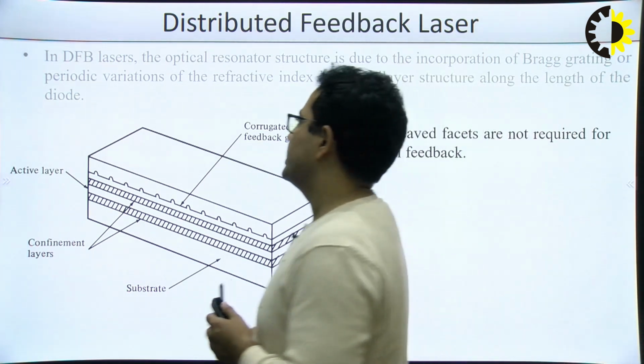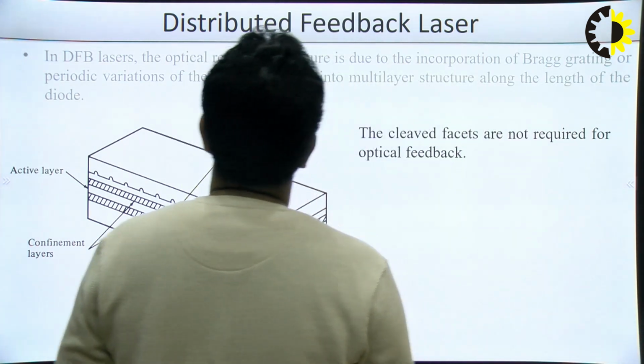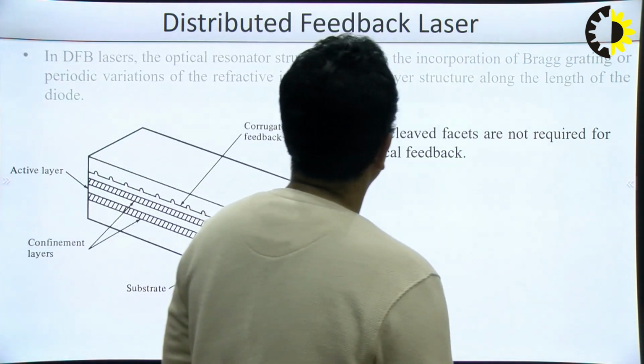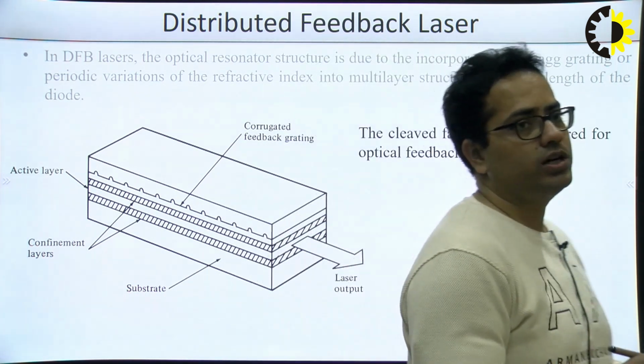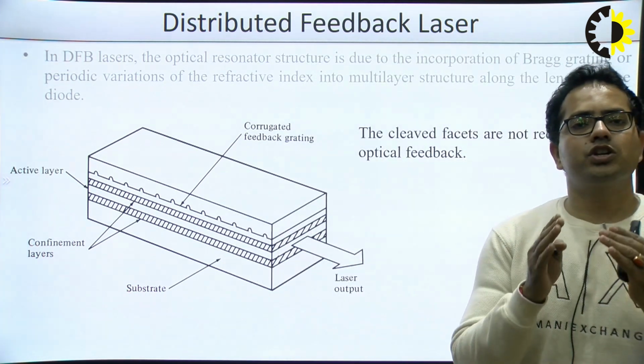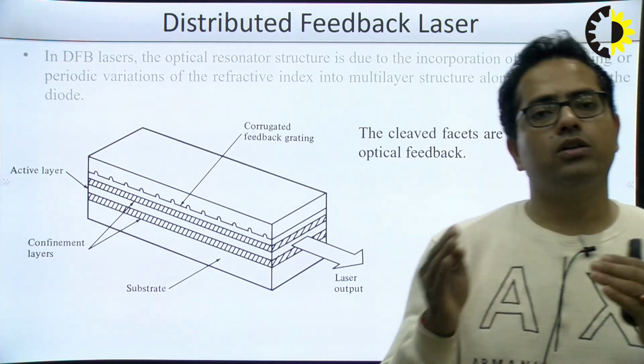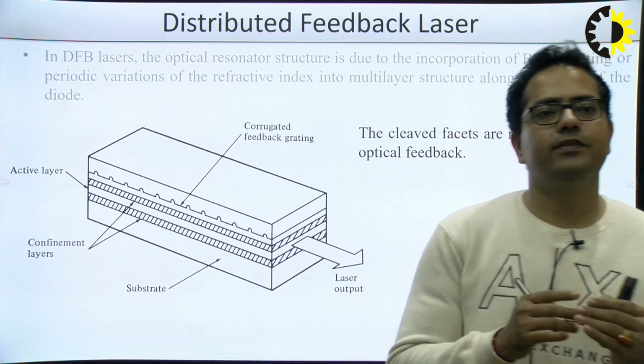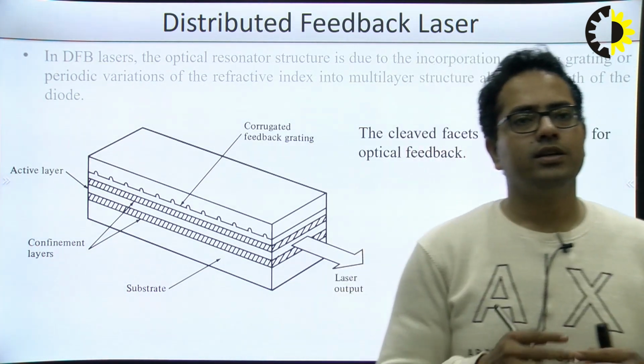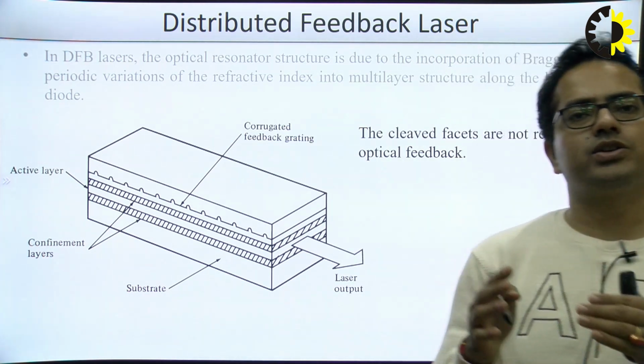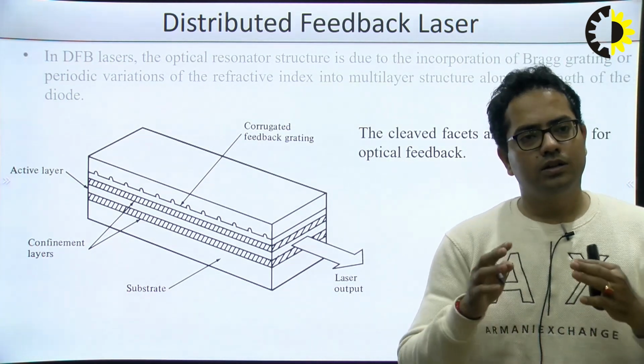The optical resonator structure is due to the incorporation of a Bragg grating, also called a periodic variation of the refractive index in the multi-layer structure along the length of the diode.